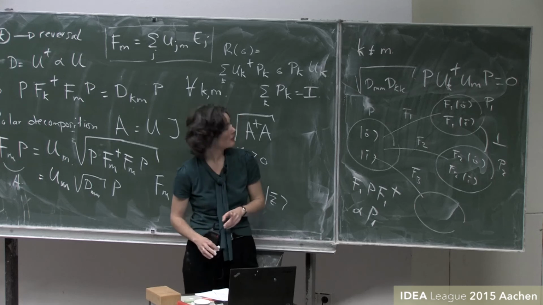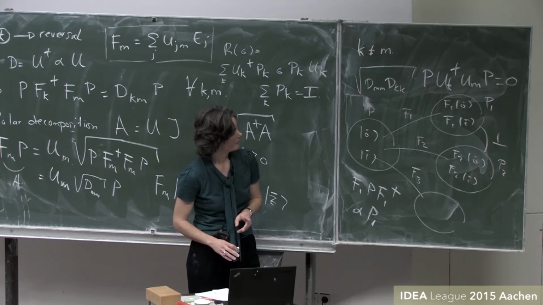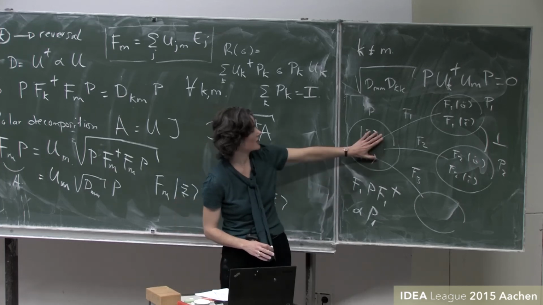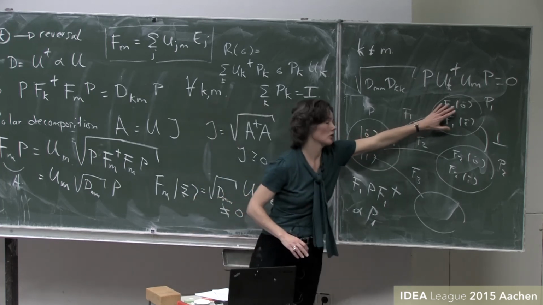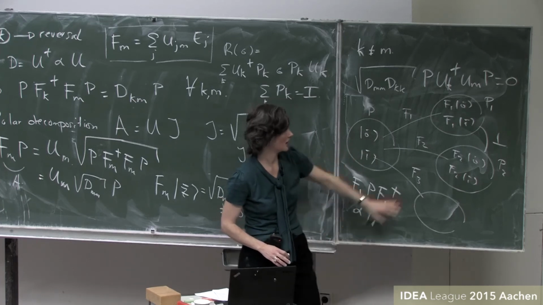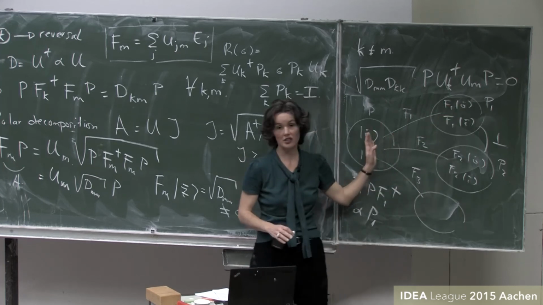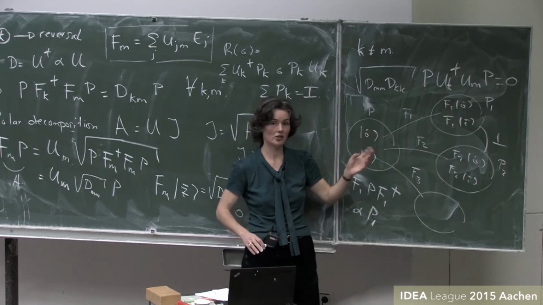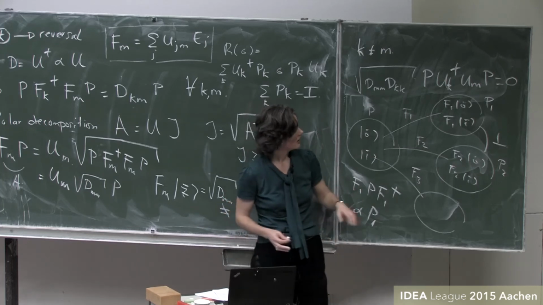One comment about this also: often, this is a code space. But if this error happened, this is also a two-dimensional code space. And this is typically also a good code space. As long as I know where I am, I actually don't have to reverse the error. This is very much true if you look at stabilizer codes, which we'll do in the next lecture.